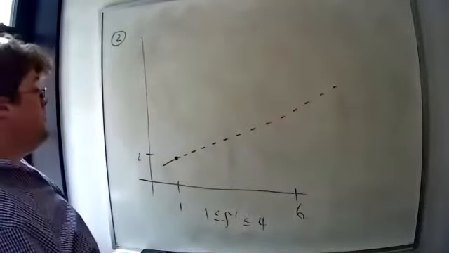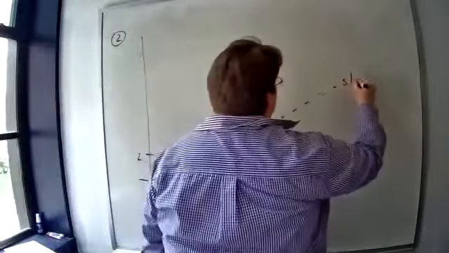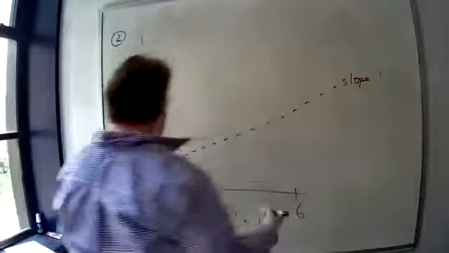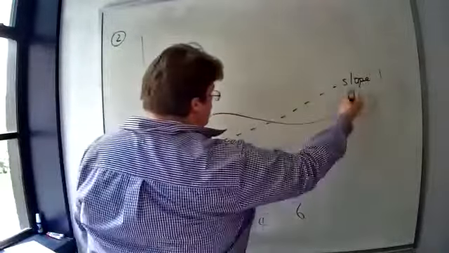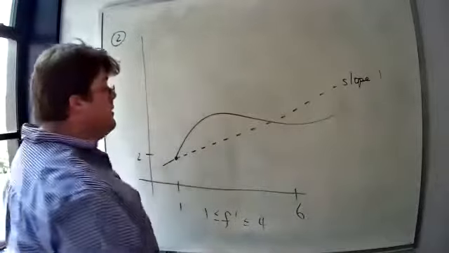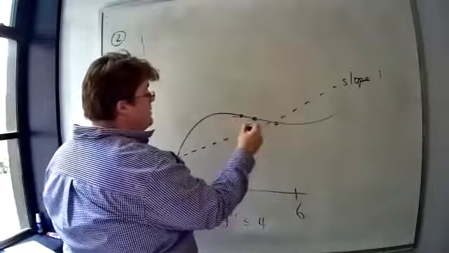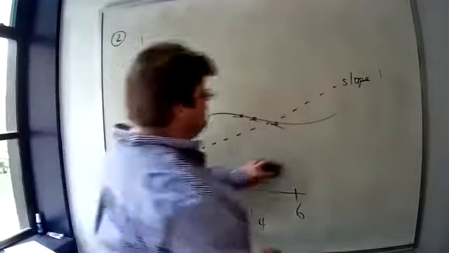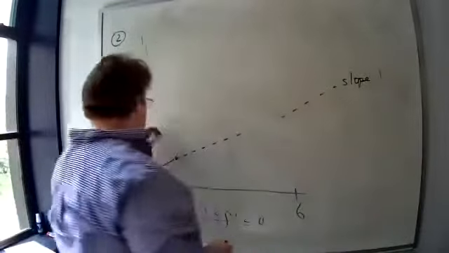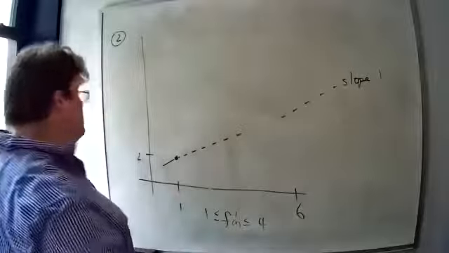So the function starts at this point and must be above this line with slope 1. If it went below, let's just say it went below at some point, well, you're going to get points in here where the slopes of the tangent lines are less than 1. And that can't happen by this assumption on 1 to 6.